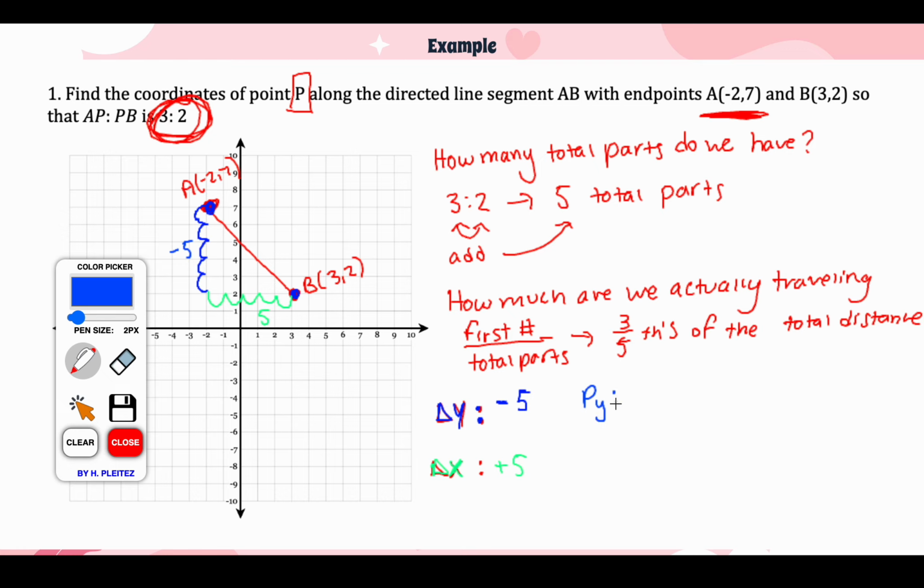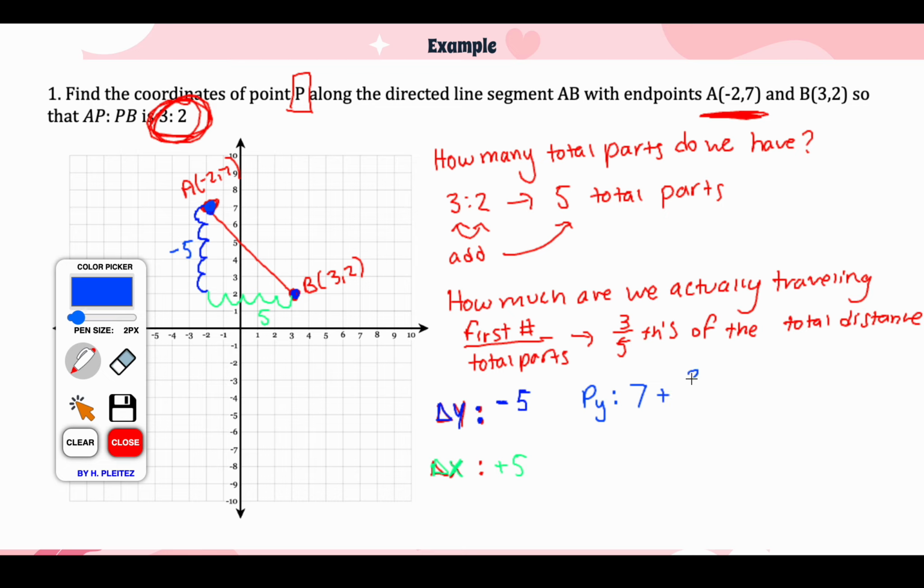So our y coordinate of our point, we're going to take our original y value, which in this case is 7. That's where we're starting, right? We're starting at the y value of 7. But I know I need to move, to get from A to B, I need to move down 5 units, but I only want to move 3/5 of the full length.